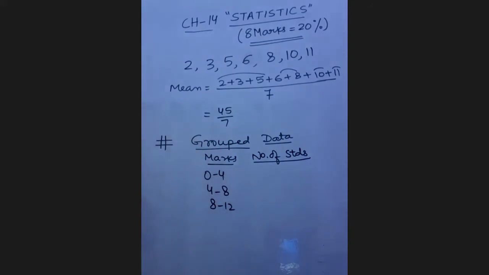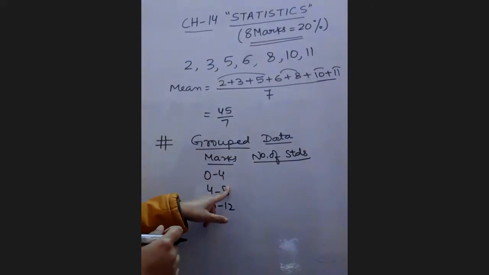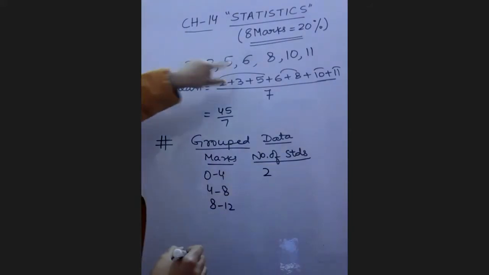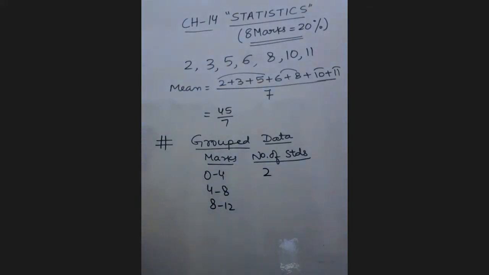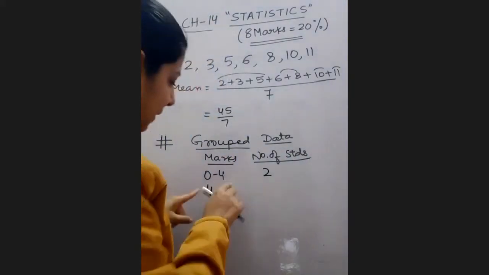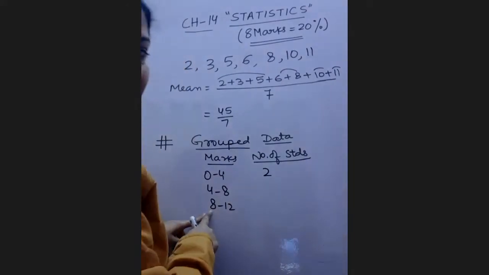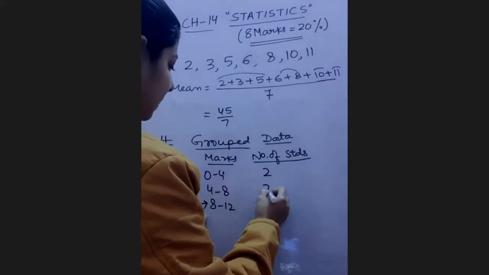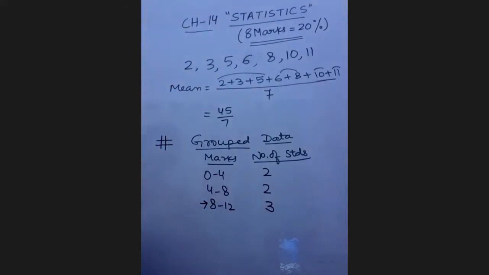Now, how many students are scoring marks between 0 to 4? Ma'am, 2 students. 4 to 8? 3. Where is 8 counted? In this interval or the next interval? Next interval, ma'am. So 2. 8 will be counted in the next interval.